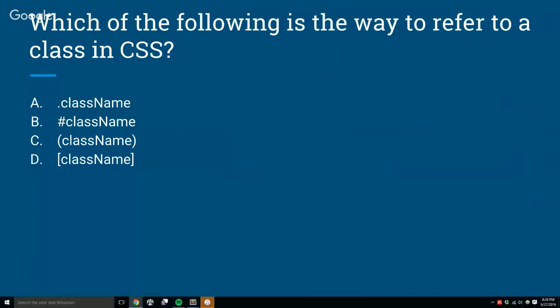The correct answer here is A. The dot is the correct way to refer to any HTML attribute that has a class of that name. In this case, class name.